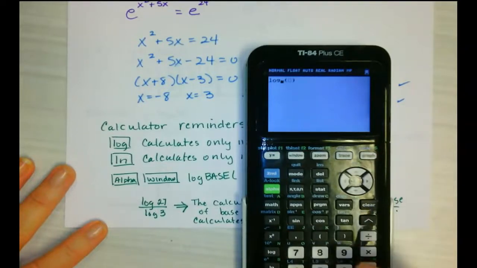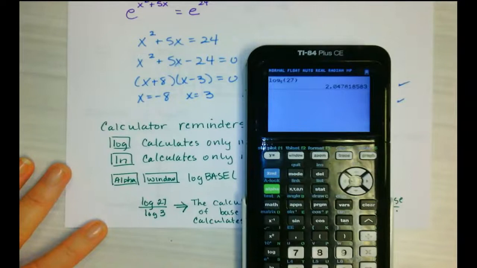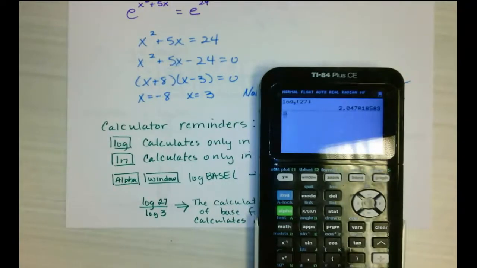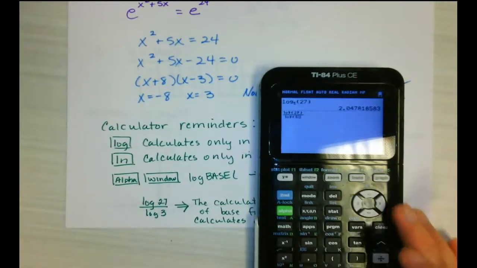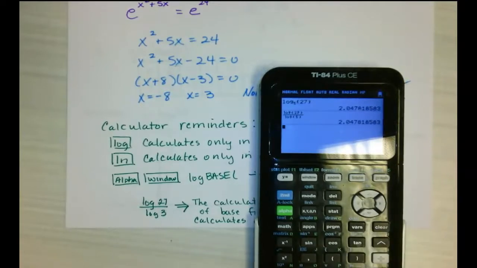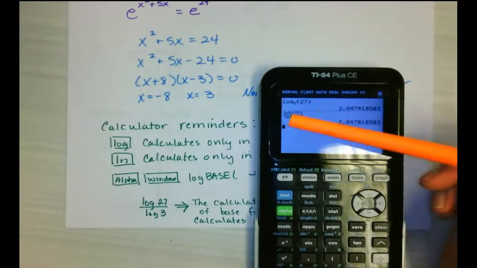So then I can do 5 and go over here to 27, and that tells me roughly what my answer is. Or as a fraction, you would say log of 27 over log of 5, and that would give you the same thing. And so this is how we've always done it in the past.